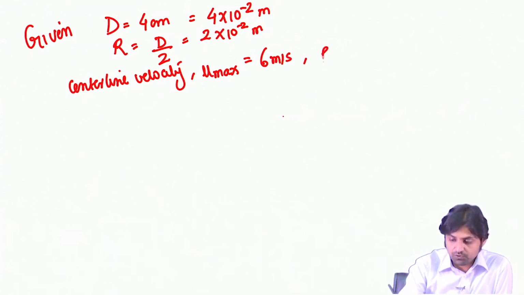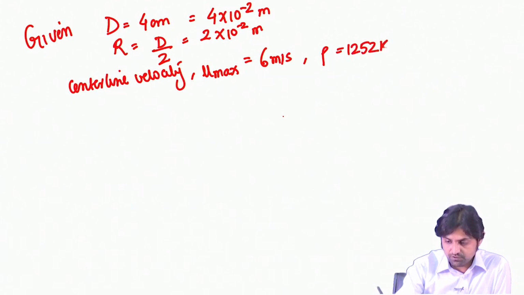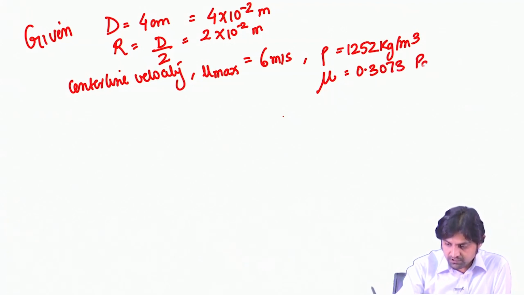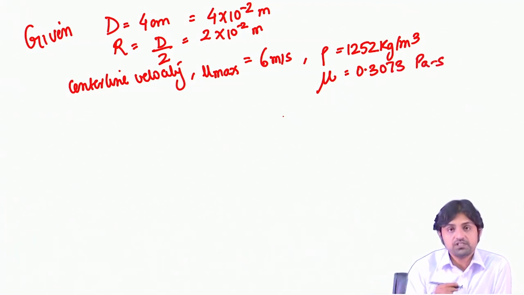We are also told that density is 1252 kilogram per meter cube, and also the dynamic viscosity in SI unit is 0.3073 pascal second.